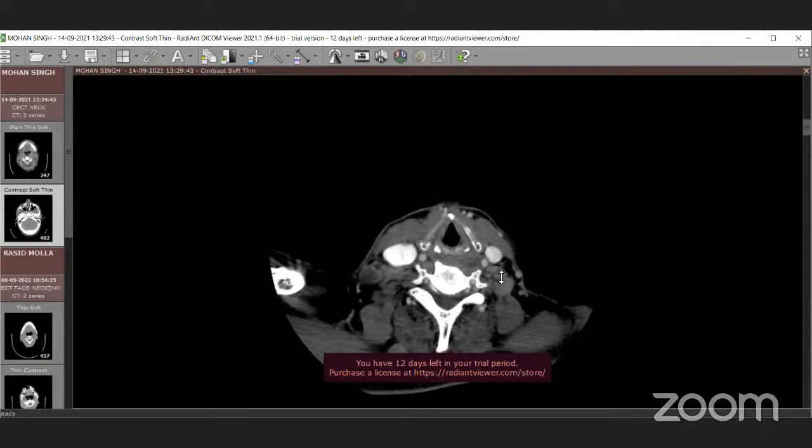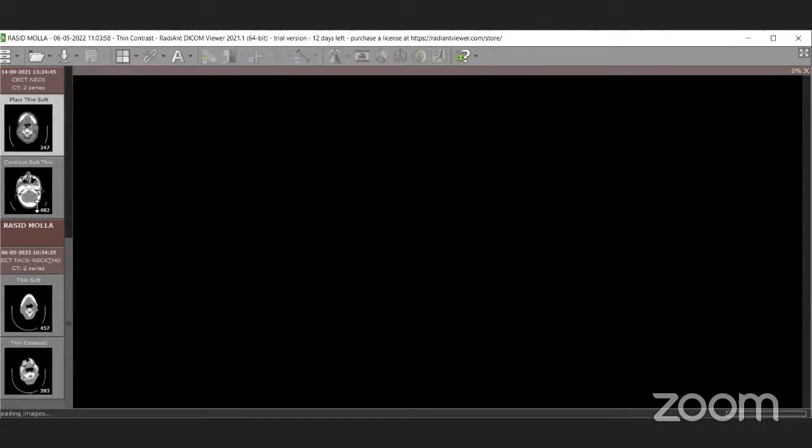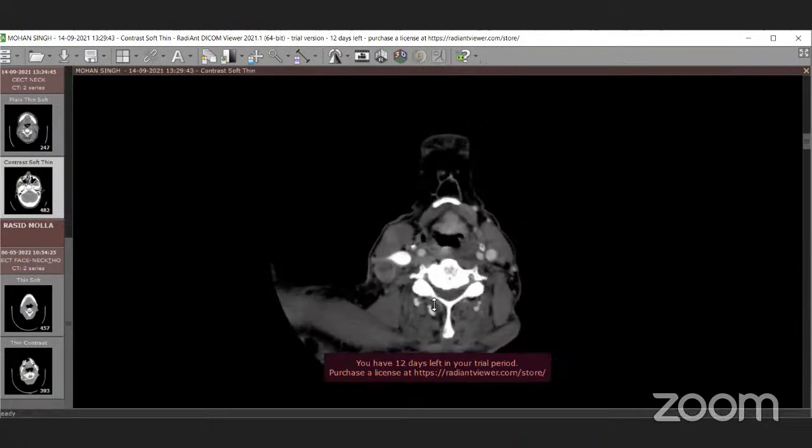So first, in the piriform sinus, could you please show us the extent of the piriform sinus, that is the superior and inferior extent? You have already shown the lateral and medial also.